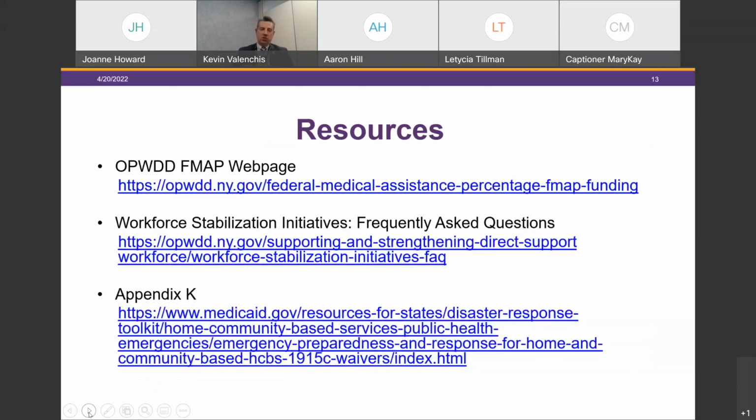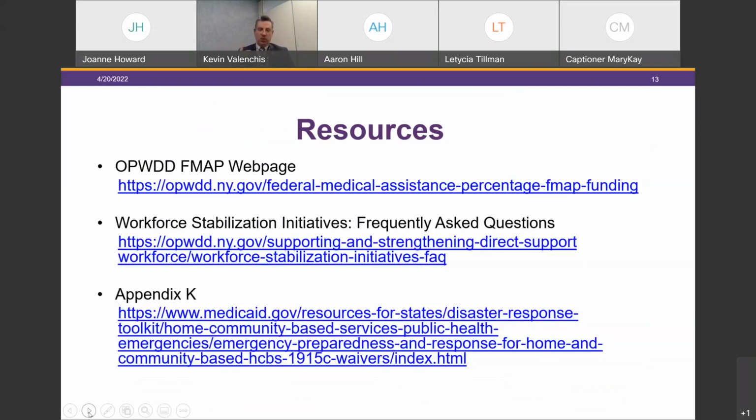Just to reiterate, Joanne shared some of our reference sources in the introductory section. Here are direct links to the OPWG FMAP webpage, which talks generally about all of our FMAP investments.